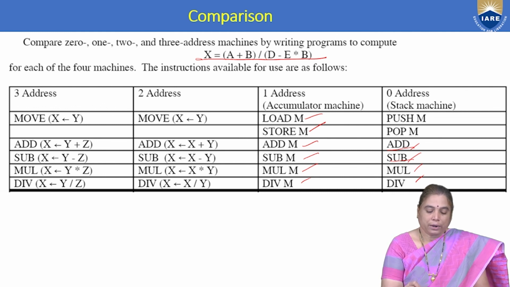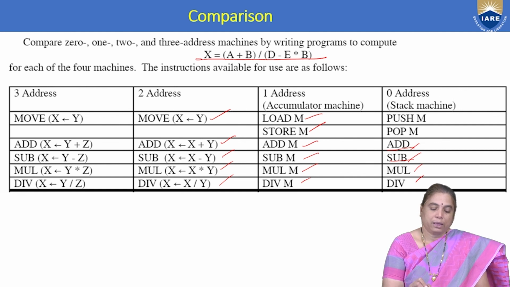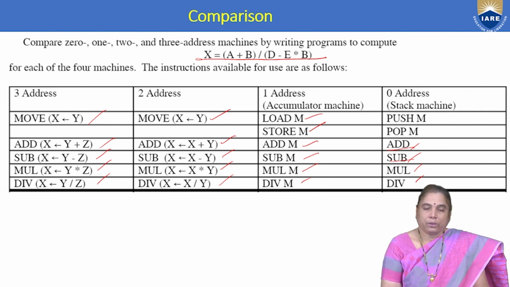In case of two address instructions, the operands can be moved to the registers and we can perform the addition, subtraction, multiplication, division operations. In case of three address instructions, the operands can be moved and the register values directly contain the operands. Directly we can apply the arithmetic operations, so that the destination address can also be explicitly specified in case of three address instructions.